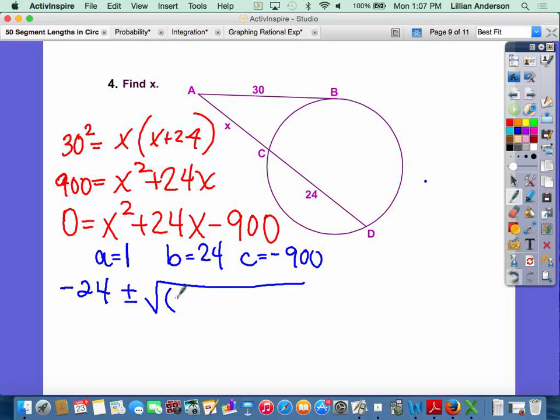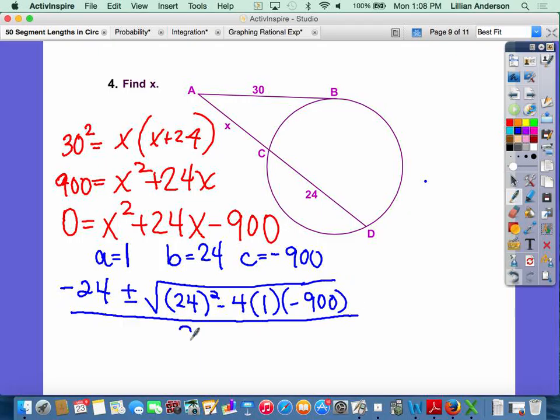All you've got is a formula. Plug it in, and the formula is given to you. You just have to be able to plug it in and type it into your calculator. 24 squared minus 4 times 1 times negative 900, all over 2 times 1.